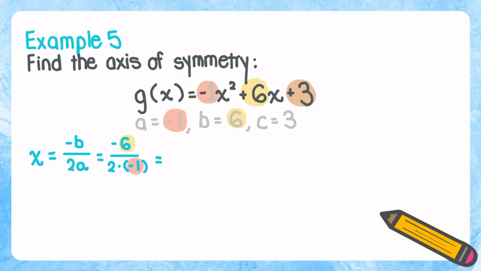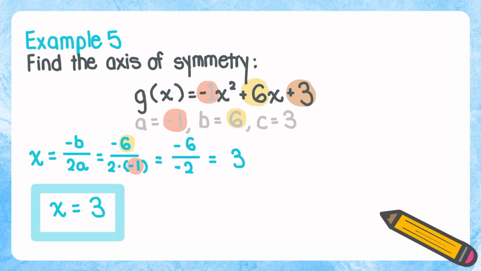We multiply for the next step. Negative 6 stays the same, divided by 2 times negative 1 would equal negative 2. And negative 6 divided by negative 2 is positive 3. So x equals 3 is our axis of symmetry. And a good way to check your work is by graphing the function and checking to see if our answer is correct.